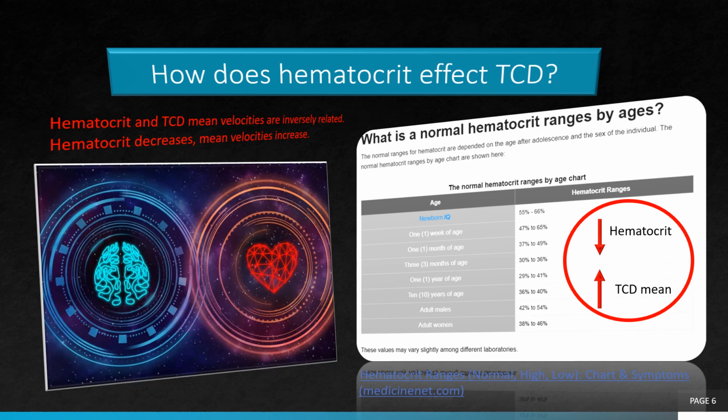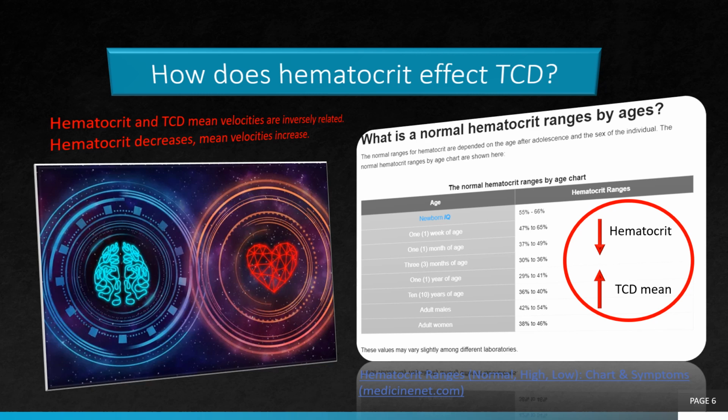For example, a hematocrit of 25% means that there are 25 milliliters of red blood cells in 100 milliliters of blood. You can see the chart on the right that is plotting out the normal hematocrit ranges by age. At 1 month of age, 37 to 49% is a normal hematocrit range.